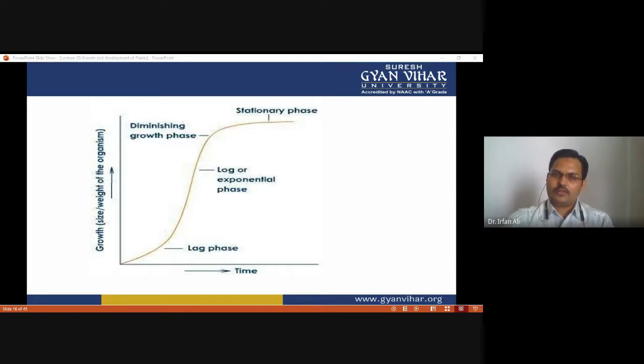This is called log phase or exponential phase. And after a certain time, the rate of growth diminishes or stops, and this is called stationary phase. Okay, this shows that growth is not the same for all the time.